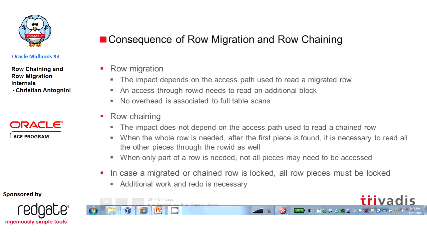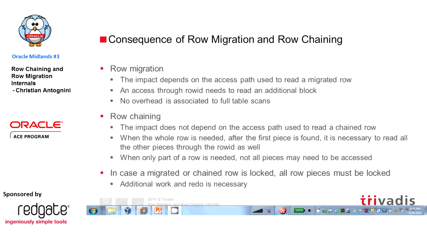So row migration with a full scan is basically no problem at all. That's just this overhead of 3 bytes plus 7, about 10 bytes in one block that you read. So it's really not important. On the other side, if you use an index range scan, and the index range scan references with the row ID the head piece of the row, basically what you do, you get the row ID, you look at the block there, the block tells you the data is not stored here, you have to look at the data somewhere else.